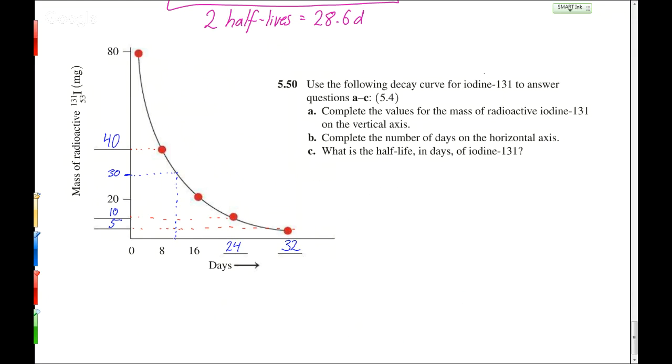And so we could estimate that we'd get to 30 at about 10 days or so. See that? Just over 8. So that's another way we can use that information.